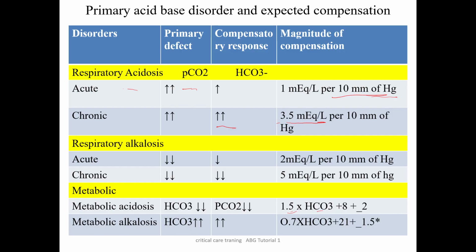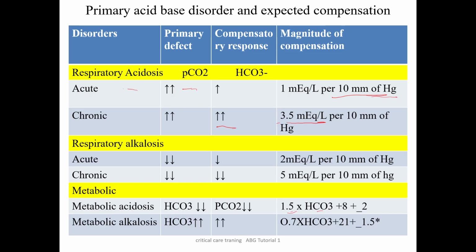If the PCO2 you have calculated is 23, compare it with your ABG. If the ABG shows a PCO2 of, say, 22, it matches, that is a primary metabolic disorder. But suppose the PCO2 is high, it is showing 30 and you calculated 24, 22, that means there is an additional respiratory acidosis.